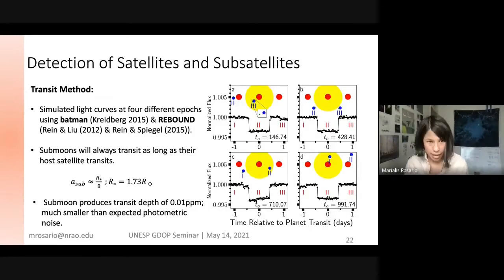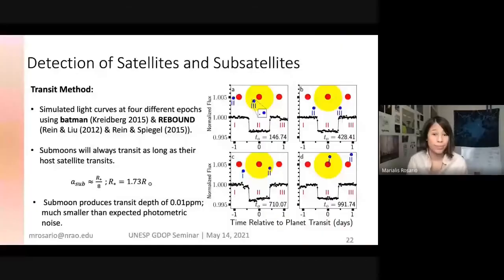We can definitely identify the presence of an exomoon, but we cannot determine the presence of a submoon because they would be too small and the transit depth could be confused with photometric noise. So far, no luck detecting the presence of submoons, but definitely we are able to detect the presence of an exomoon.